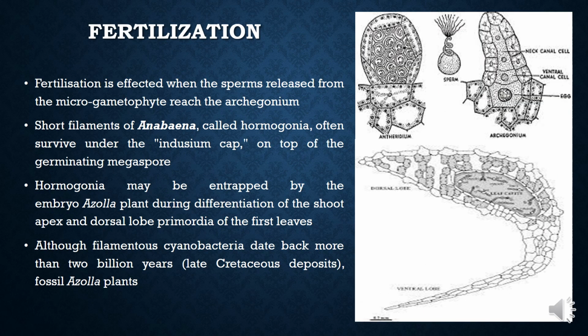So this is how the sperm looks, when the sperm is mature. The germination of the microspore and formation of sperm happen while still inside the massula-like structure.